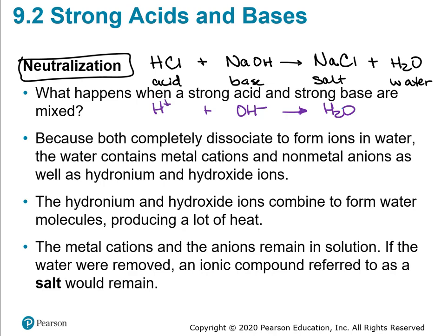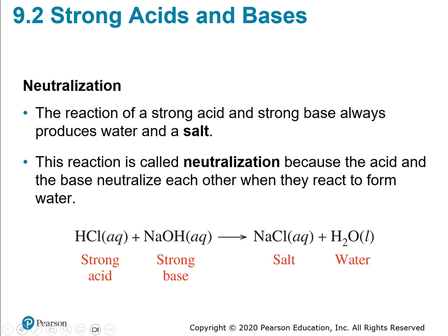It's not corrosive, it's not reactive with body tissues. So just remember, if you're talking about a strong acid and a strong base, if you mix them equally, a salt and water are formed.